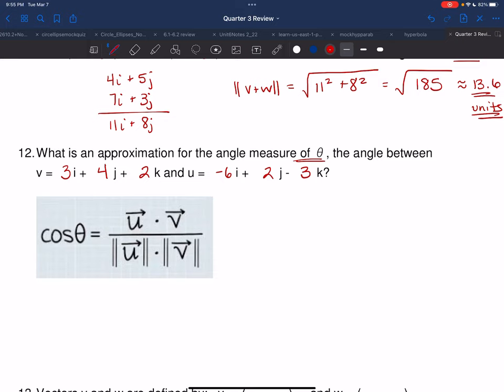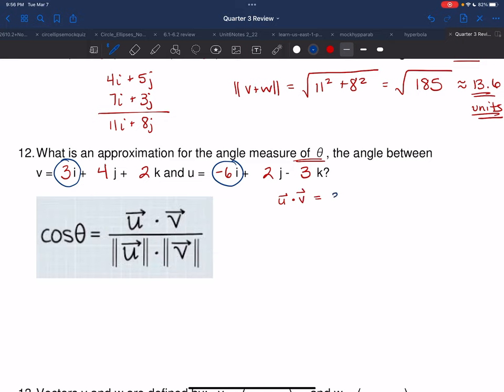So the first step we're going to do is we're going to find u dot v. And I know it's been a while since we've done this, right? So what I'm going to do is I'm going to multiply all of my i's together. Let me pick a different color. So my 3 times negative 6, right?